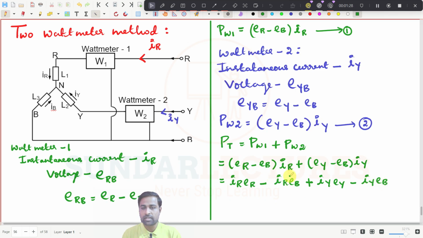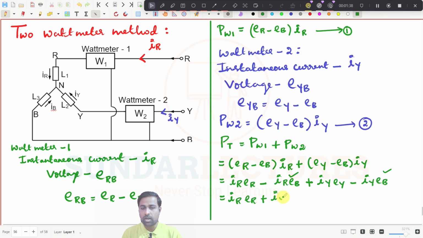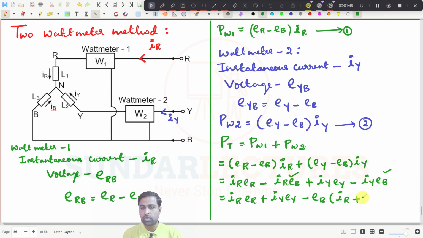See, you just take EB commonly outside. So what are the other terms? It is IR ER, that is the first term, plus IY EY, that is the second term. You take EB commonly outside, you will get IR plus IY common.